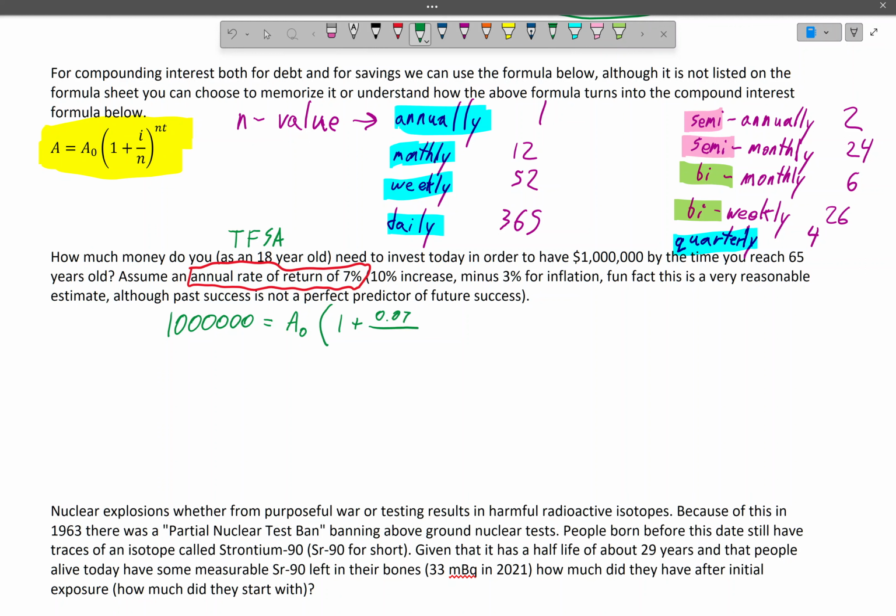It'd be nice if it had a different compounding period, but we're just going to assume a 1-year compounding period. And then 1 times, we'll do 65 minus 18 up here. So all we're going to have to do is solve that in our calculator.